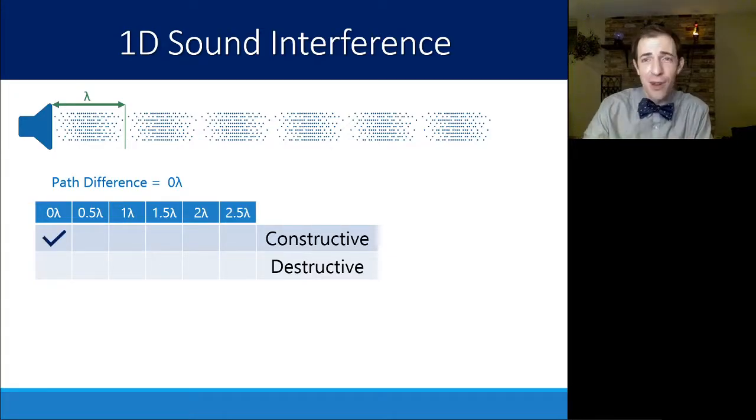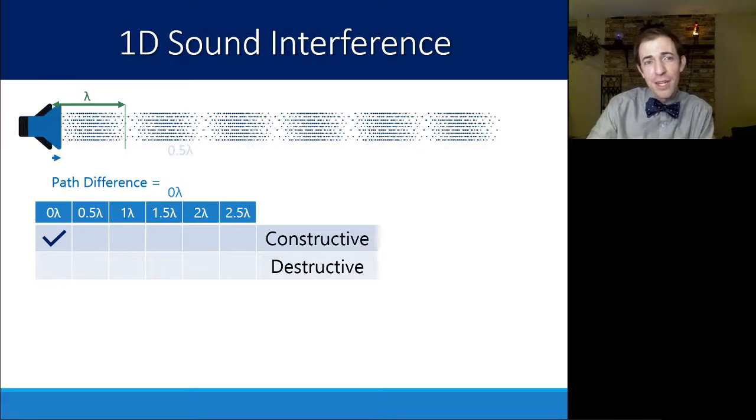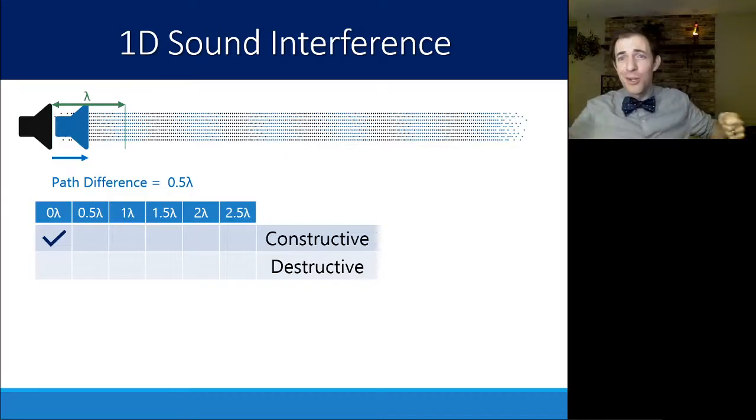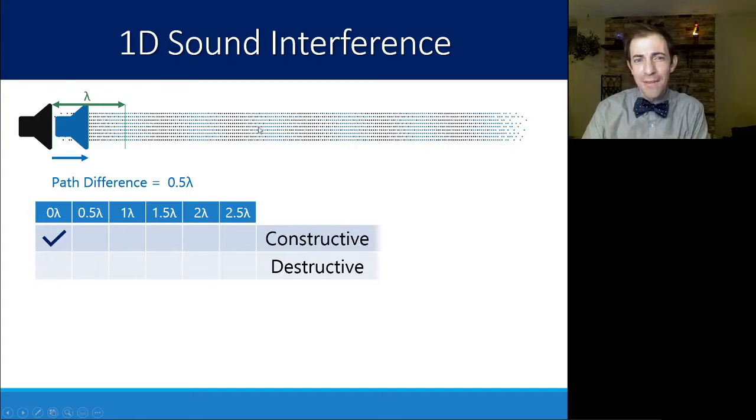That is constructive. But if I shift one of those speakers by half of a wavelength, so it's half of a wavelength closer to you than the other one, notice how those waveforms cancel each other out. At a path difference of 0.5 lambda, half of that wavelength, we end up with destructive interference.